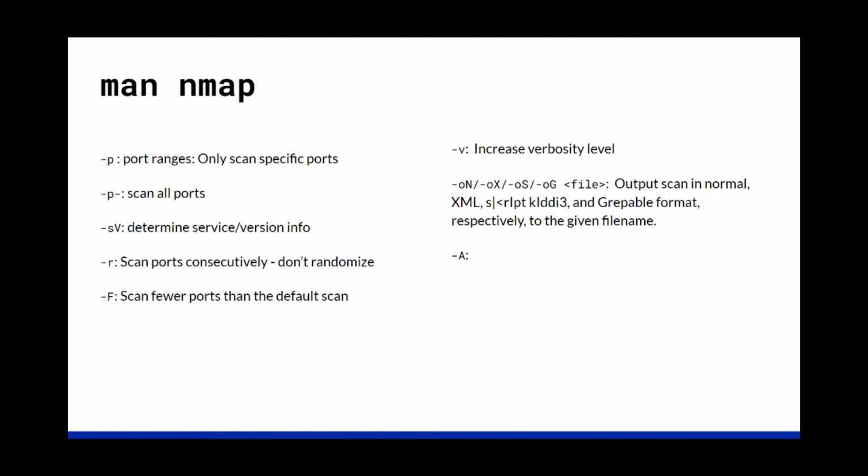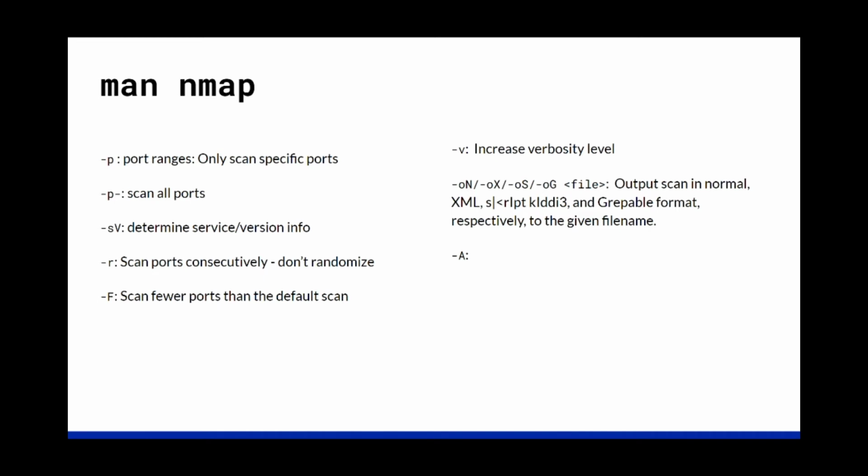And then we have -oN, -oX, -oS, and -oG for output. So you can actually save your scan into a file, which is very useful because usually you're going to do your scan and then do something else while you wait for it to finish.